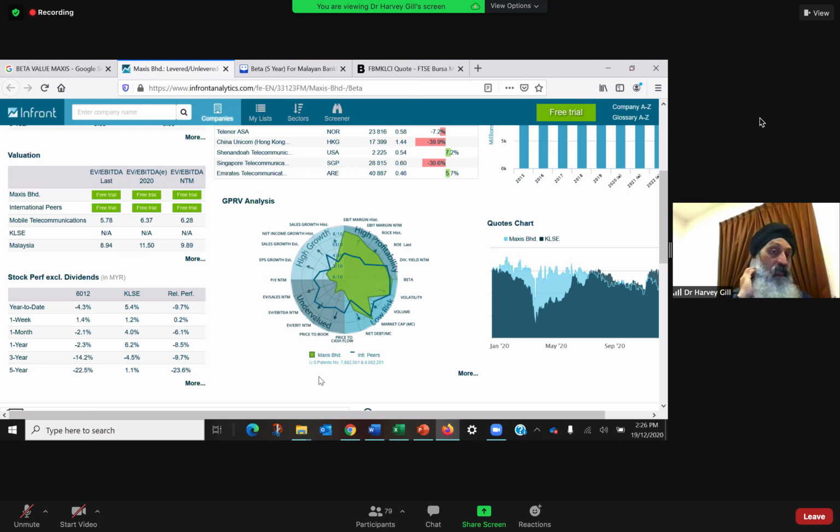So it looks like the telco sector internationally might be undervalued, but Maxis seems to be okay because it's not very much represented on the undervalued side. So you will get all this kind of analysis to help you describe the company and the company's financing, and this is the kind of information that you will need. Please do not repeat back what you did for your FAM. We want to talk about the listed company.